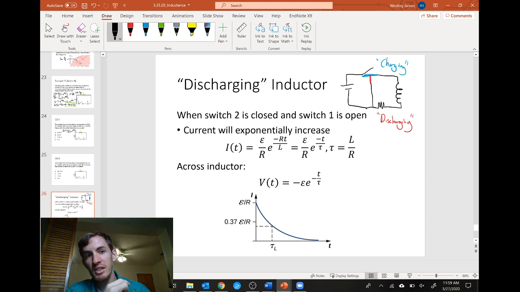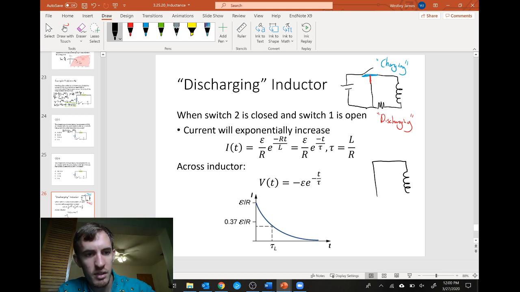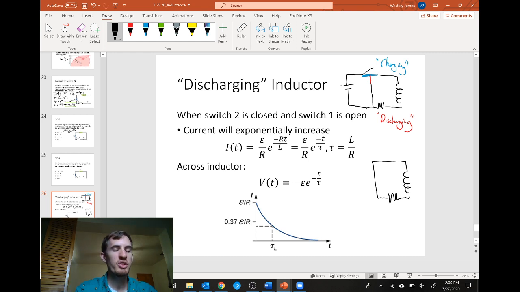What happens in this case with the inductor is the second I make my circuit look like this, where the battery is removed, what now happens is originally the battery was pushing current through. The battery was causing current to happen. The second you close this, there's no longer any current flowing.